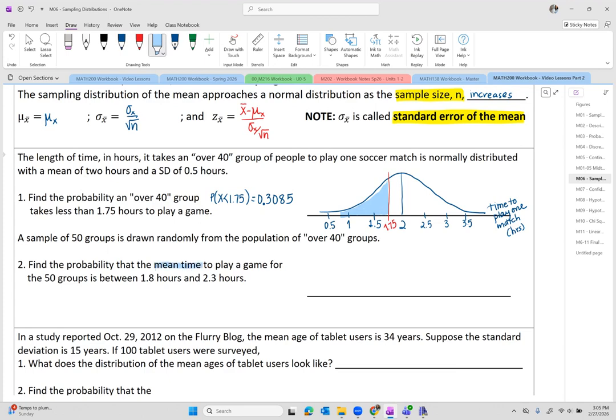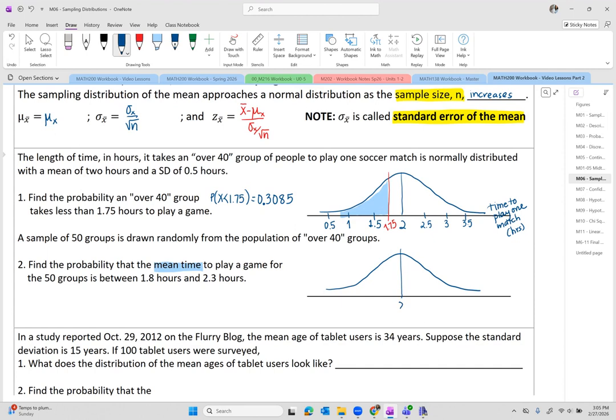Now, once we select a sample and they are asking us to find the probability that the mean time to play the game will be between a certain number of hours, the distribution changes. This is now the distribution of the sample mean, and the distribution of the sample mean is much narrower.